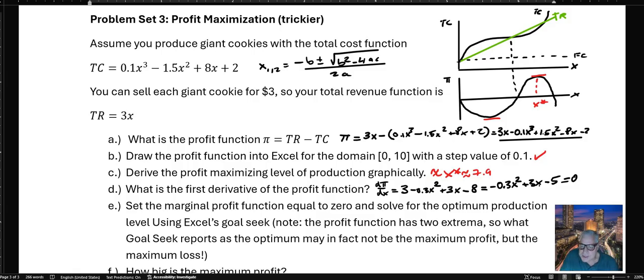In this case, the negative 0.3 would be the a, this 3 would be the b, and the constant of negative 5 would be c. If I plug in those values here, I would get 2 results.